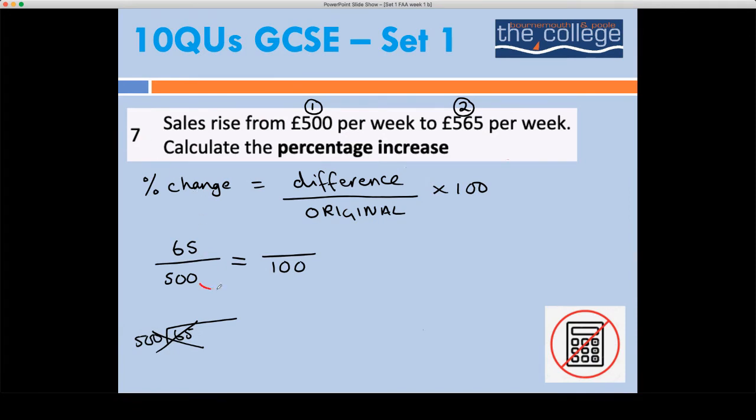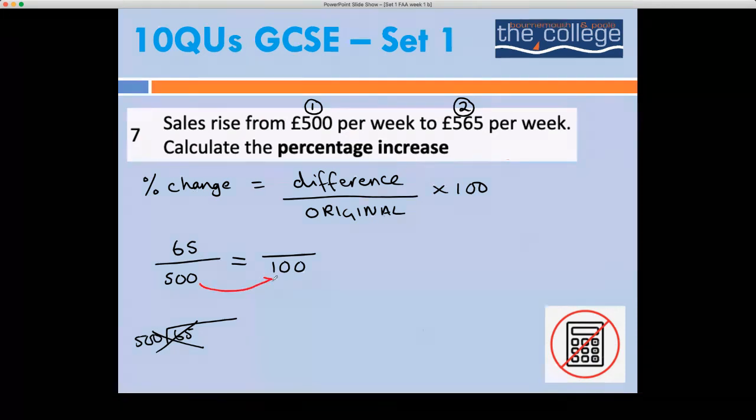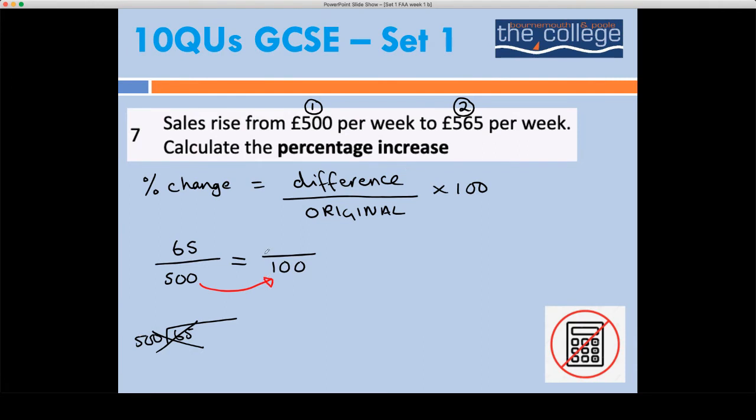So to get from 500 to the magic 100% out of 100, all percent means is out of 100 parts. So I just divide by 5. Okay. Therefore, I have to do, these links are always repeated. You do the same to the top as you did to the bottom. I must also divide by 5.